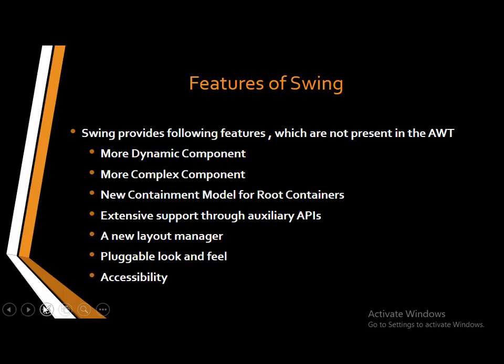Now, what are the other features of Swing component? They are more dynamic and more complex components. For example, JTree, JTable, JFileChooser, which are more complex components than the normal AWT component. They are more dynamic, so we can add more functionality easily than AWT in Swing component. It follows containment model for its root containers such as JApplet, JFrame, JDialog to hold the other components.